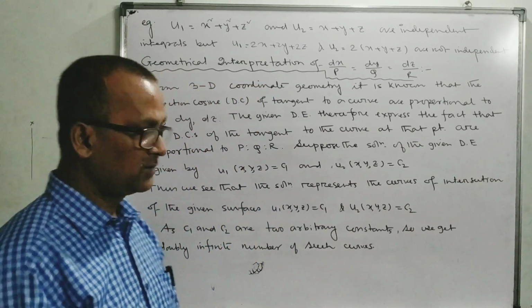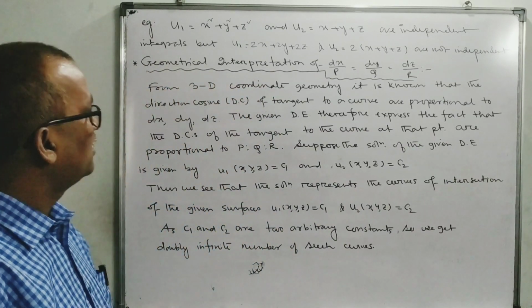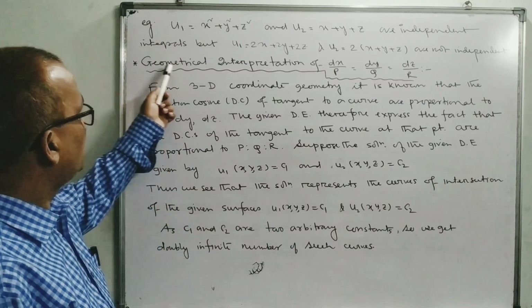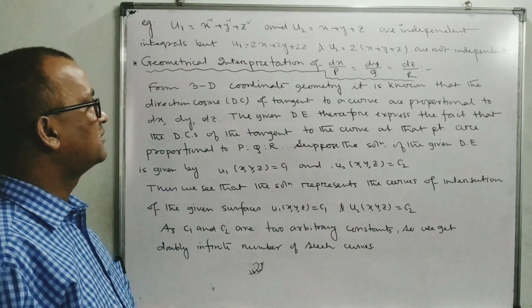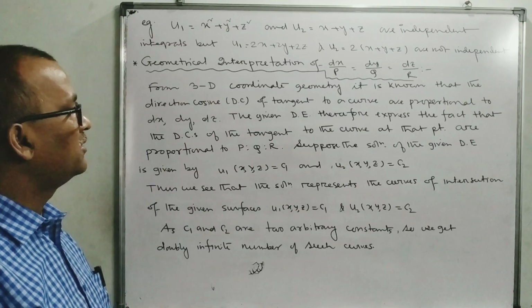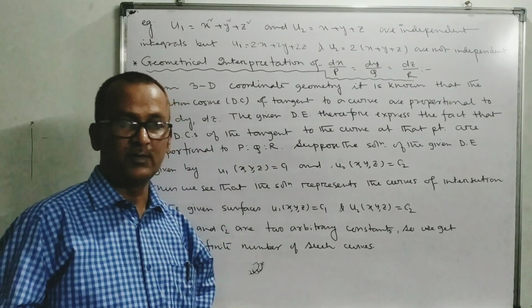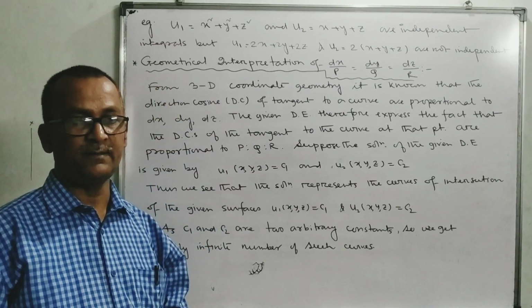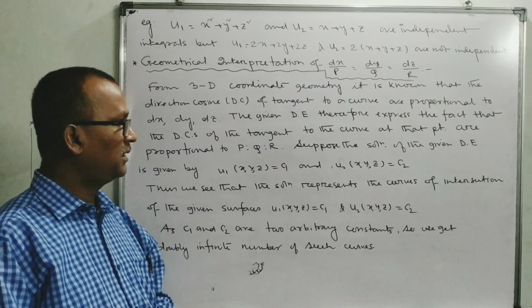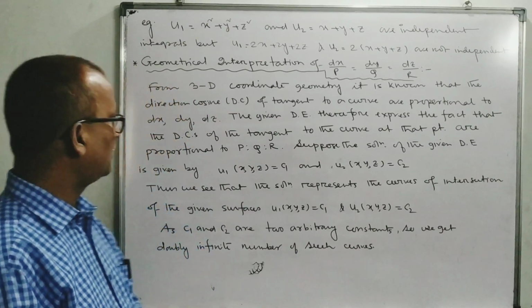Now we are going to find the geometrical interpretation of dx by p equal to dy by q equal to dz by r. Geometrically, what does it represent?